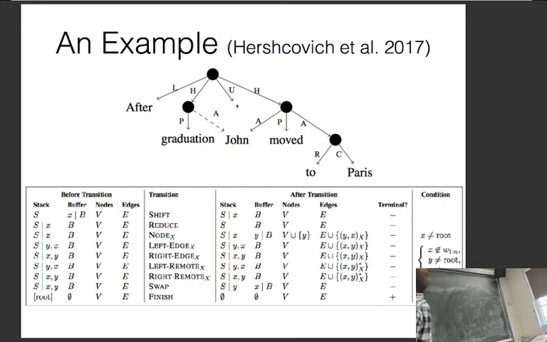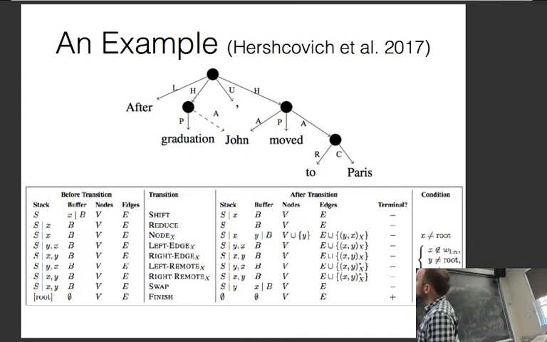Shift takes one word off the buffer and moves it to the stack. Reduce, this time, just removes the thing from the top of the stack, essentially. So it says, I'm done with this word. I don't need to do anything more with this word.